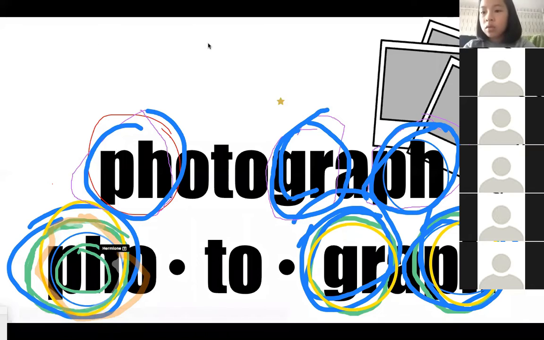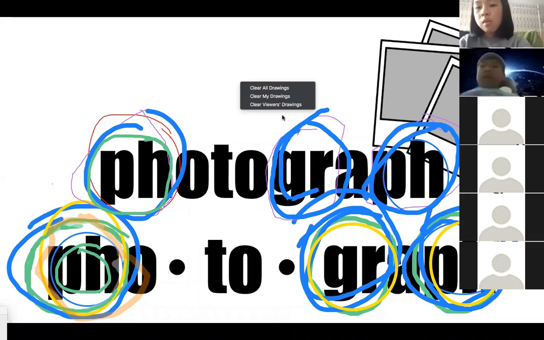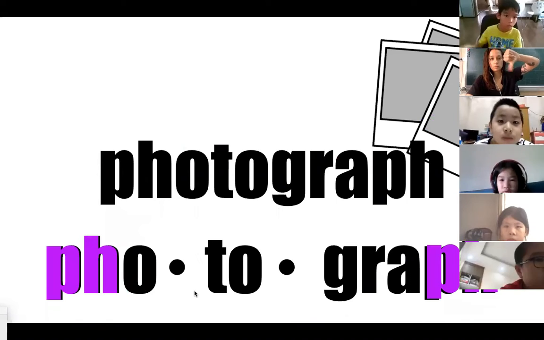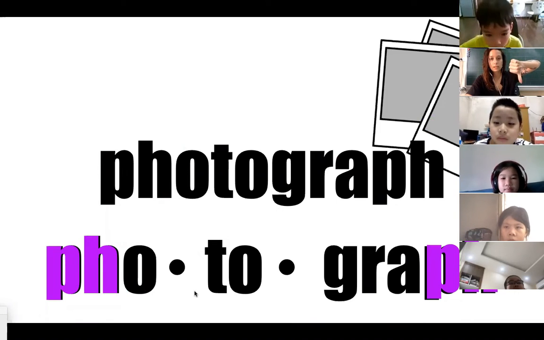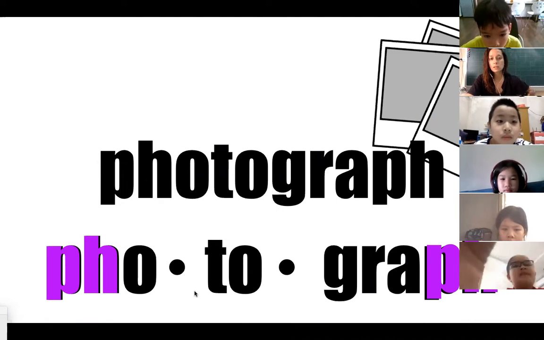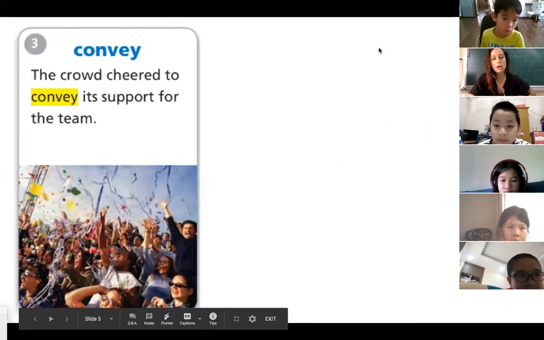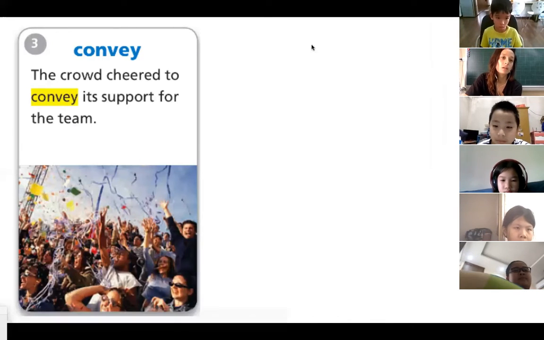Our first one is PH, which is in our first syllable. And our second one is also PH, in our third syllable, graph. So photograph. Okay, does everyone see how breaking apart a word helps us to decode it better? Yes or no? Is this helpful for longer words? Yes? Okay, very good.